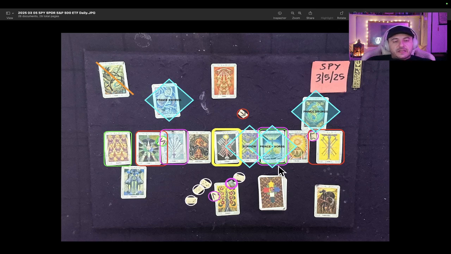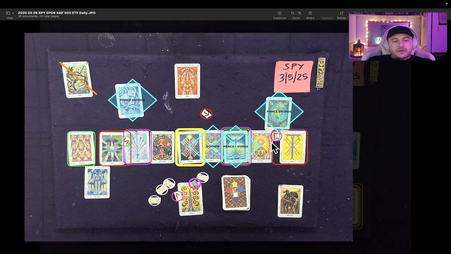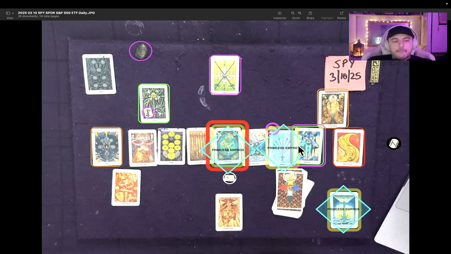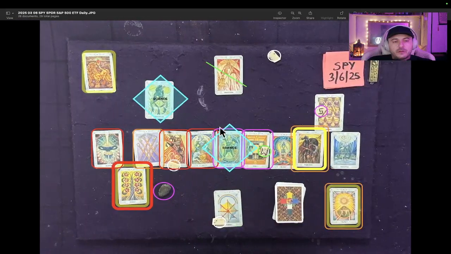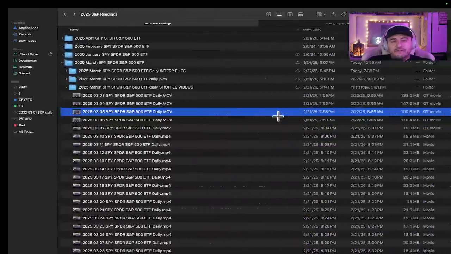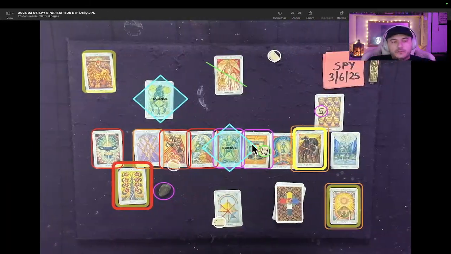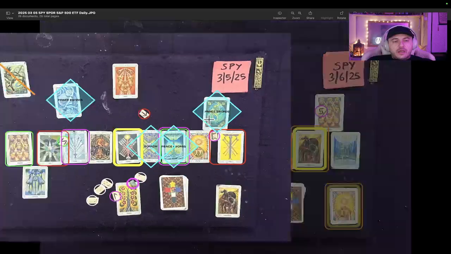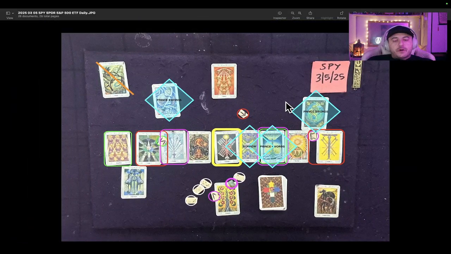In the midst of the decline, you could likely open up a long position to close either here at the close for another day trade. You could hold the long position probably into the 6th or the 7th as well. And that's SPY for March 5th, 2025.